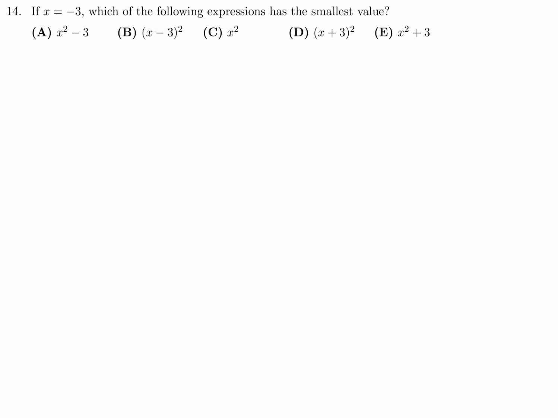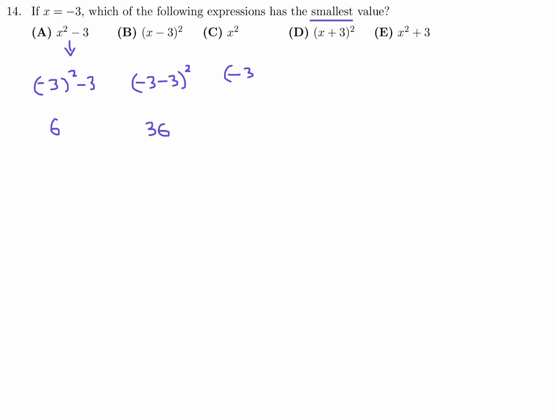If x is equal to negative 3, which of the following expressions has the smallest value? All right, let's plug away here. So minus 3 squared minus 3, the first one. And that looks like 9 minus 3, which is 6. Next one, minus 3 all squared minus 6... all squared is 36.